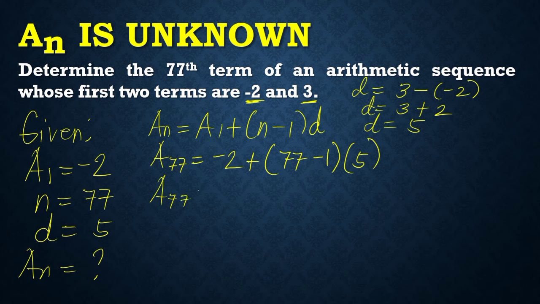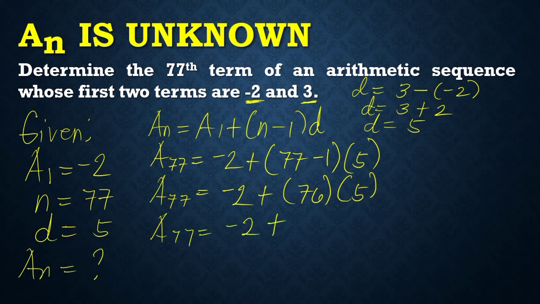A sub 77 is equal to negative 2 plus 77 minus 1, that is 76, times 5.